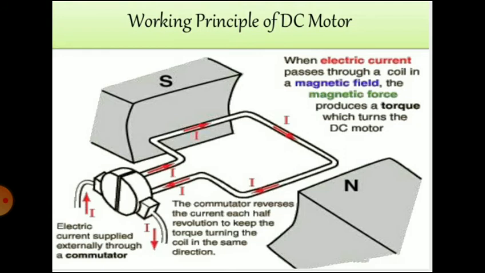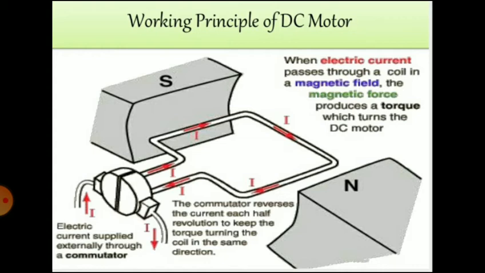So, the working principle of a DC motor. When electric current passes through a coil in a magnetic field, the magnetic force produces a torque which turns the DC motor. You can see in the diagram there are N and S poles, then there is a commutator.